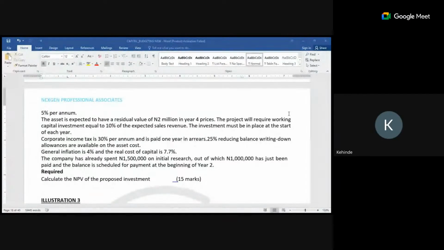Not a relevant cost. It is a what? A sunk cost. Right? As a professional, it's part of the notes. So therefore, the research is not a relevant cost. It's a sunk cost.